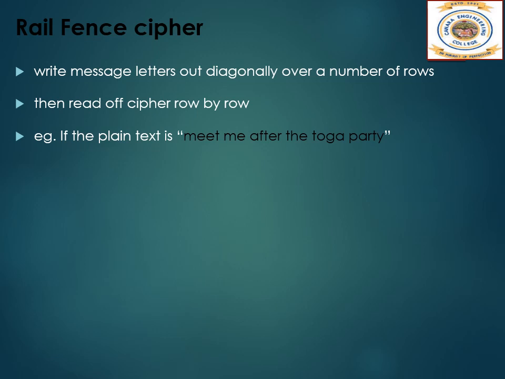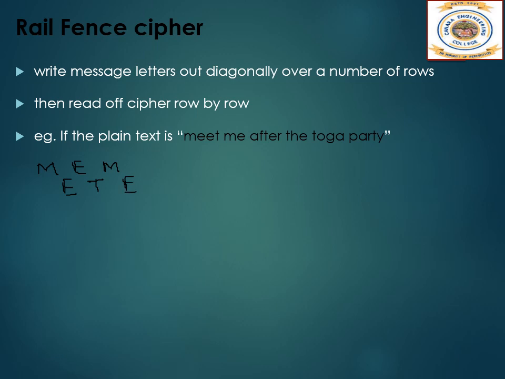For example, here the message is "meet me after the toga party". How do we write it? First I write M, then I write E below, then E, then below T: meet. Then M, E: me.